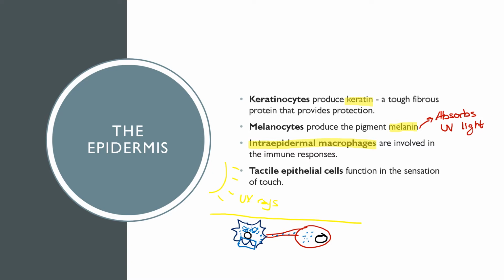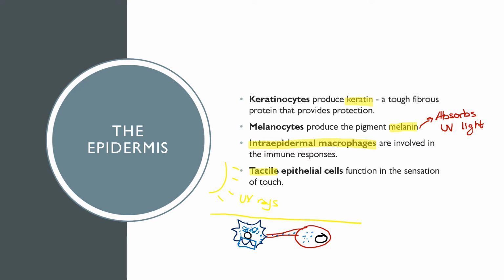Now, these cells are actually very easily damaged by UV light. The melanocytes don't really protect these cells. But their role in the immune response is to help other cells to recognize invading microbes and to destroy them. So we will go over these cells a little bit more in our immune system chapter, but for right now, just a brief overview on these cells.